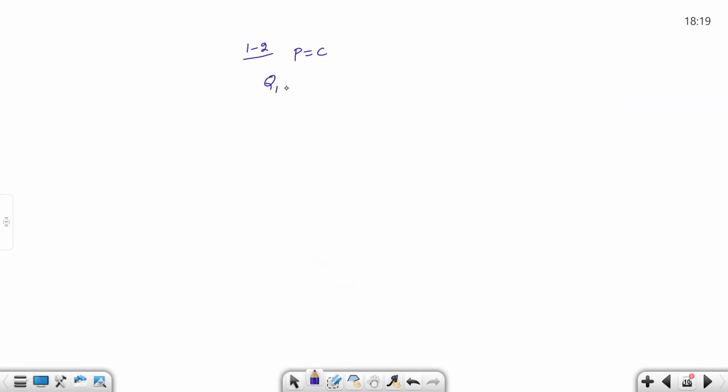So heat transfer will be work transfer in the process 1 to 2 plus change in internal energy. Here heat in is positive, out of the system is negative. So sign convention you should follow when you apply this equation.